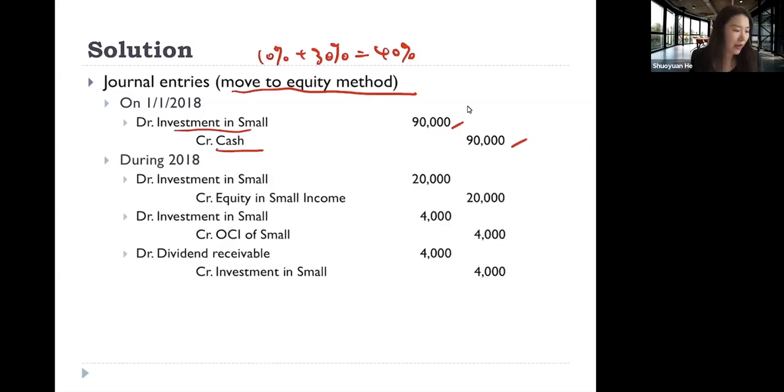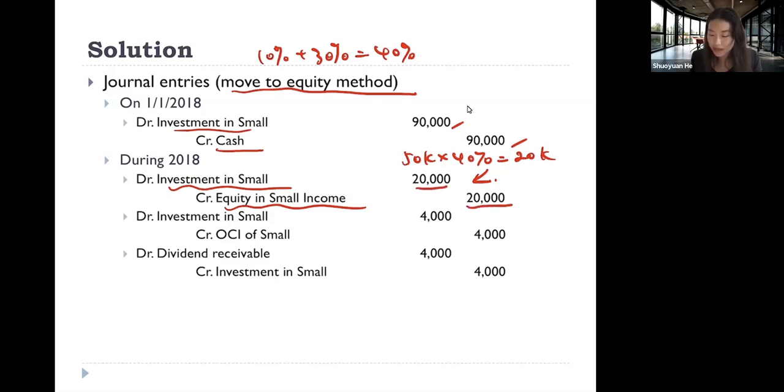Small reports 50,000 net income. 50,000 multiplied by 40%, that's 20,000. So the portion of Small's net income which belongs to Big is recognized as income for Big as well. From Big's perspective, it will debit its investment account by 20,000, credit equity in Small's income for 20,000.